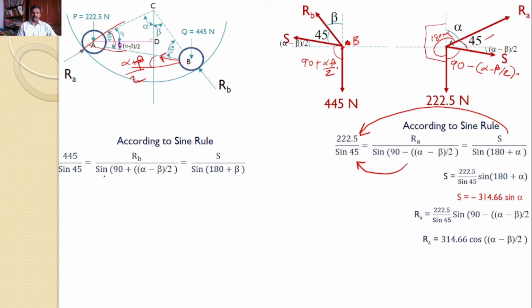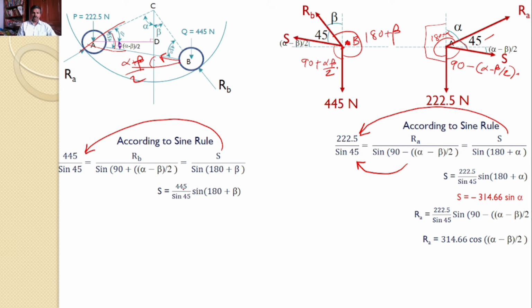You can write RB by sine of 90 plus alpha minus beta by 2 is equal to S divided by the angle between these two, which is 180 plus beta. Hence I can write this as S by sine of 180 plus beta. Let us take these two expressions and simplify.